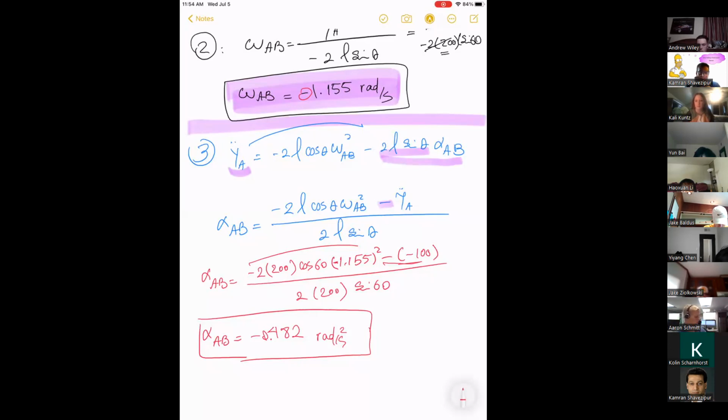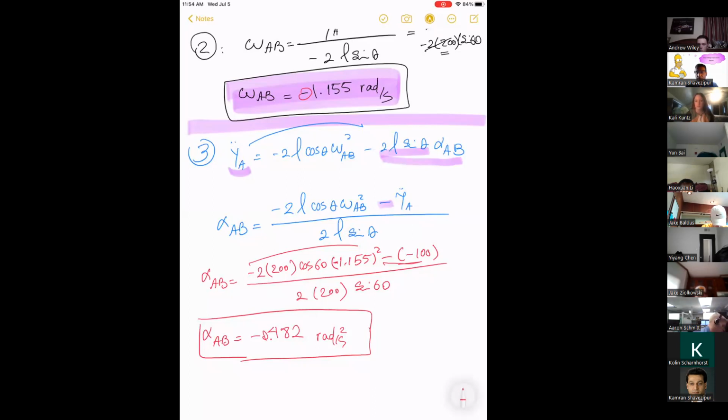Something to remember, again, I repeat that V, A, omega, and alpha do not go with X, Y, Z, because this is geometry based. They go based on if theta becomes bigger, omega is positive. If theta becomes smaller during the motion, omega is negative. Same goes with VA or VB.